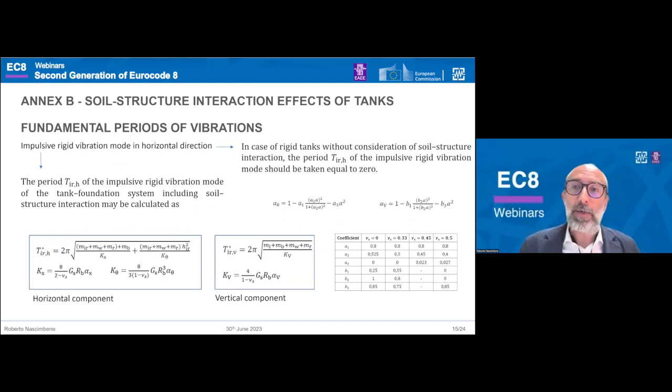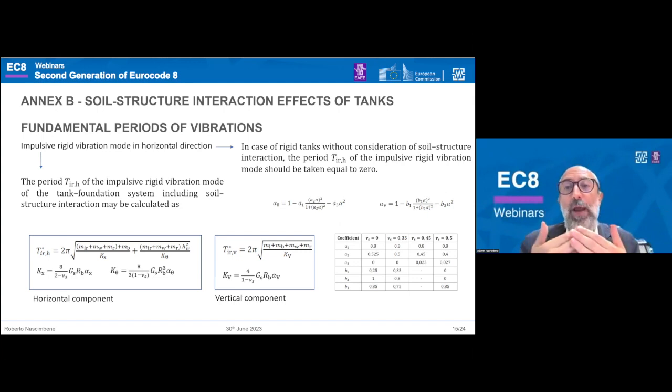I can say here that the impulsive rigid period for vertical and horizontal components, for flexible and rigid rectangular tanks, including soil structure interaction, may be evaluated using the calculation approach for vertical cylindrical tanks, replacing the radius of the cylindrical tank in the equation with the half length, capital L, of the rectangular tank in the seismic action, along the seismic direction.